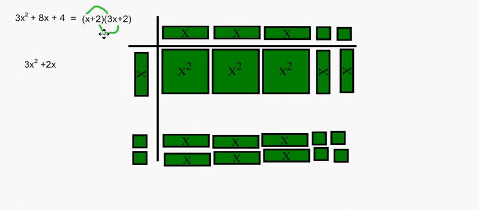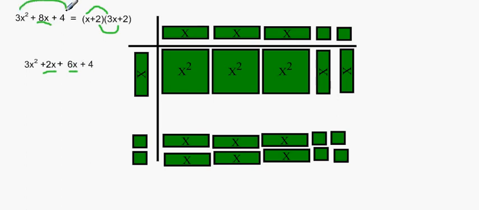Then I take my 2 and distribute it amongst its second bracket, 2 times the 3x plus 2, and that's going to give me my 6x plus 4. I add the two pieces together, and now this is my decomposition technique. My 8x is broken up into my 2x and my 6x.